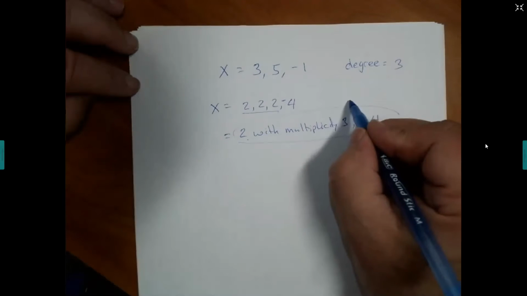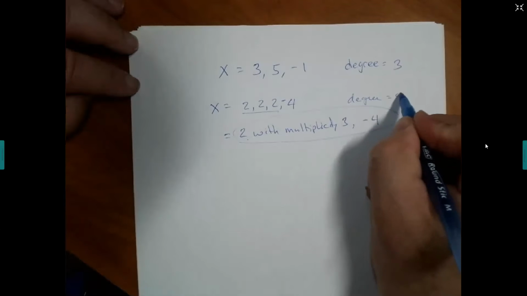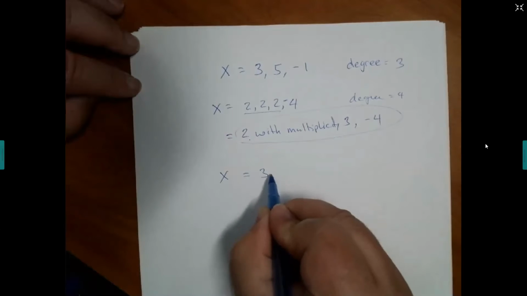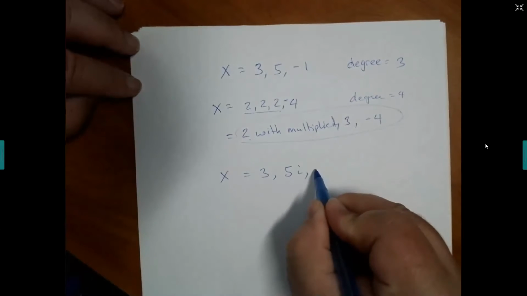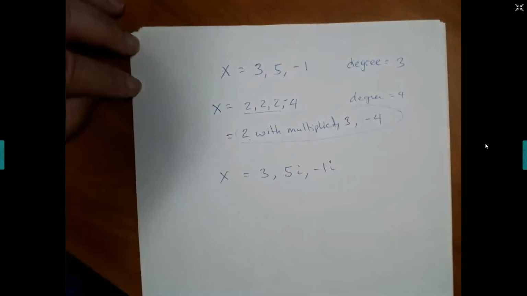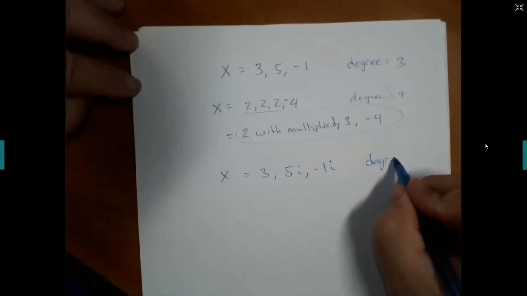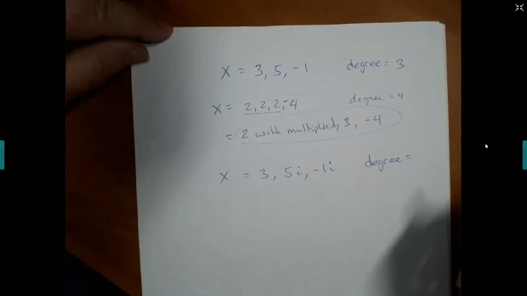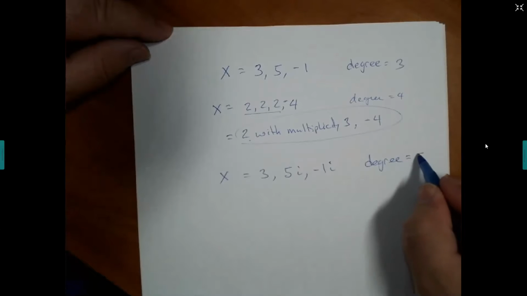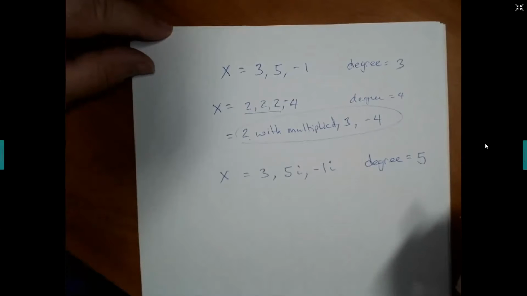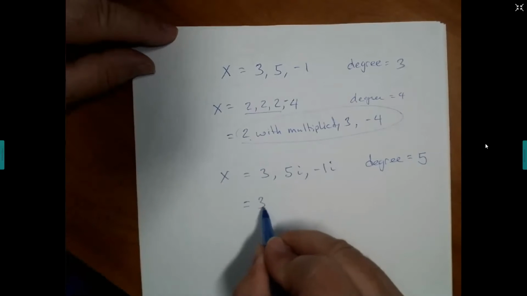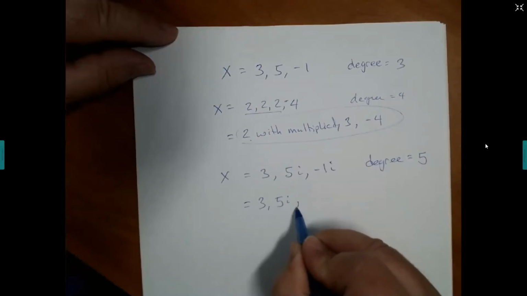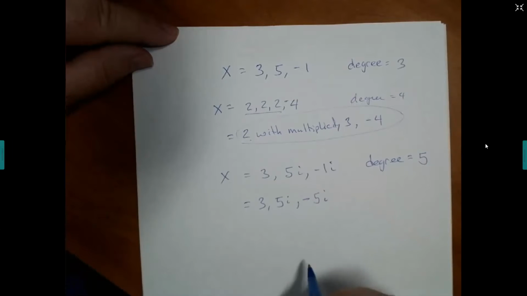So what's the degree of this one? How about 3, 5i, -1i? What's the degree there? Is it going to still be 3? Because they come in pairs. So if I have a 5i, then I have to have a -5i.